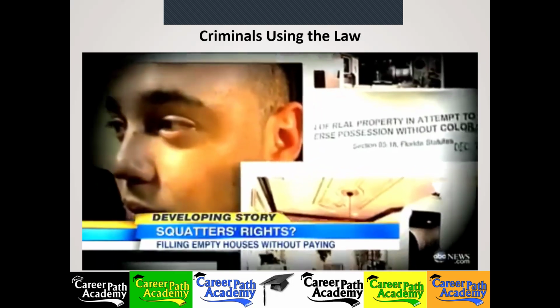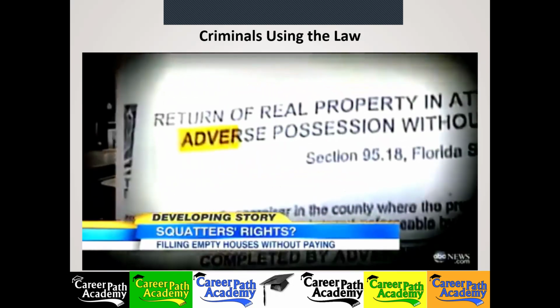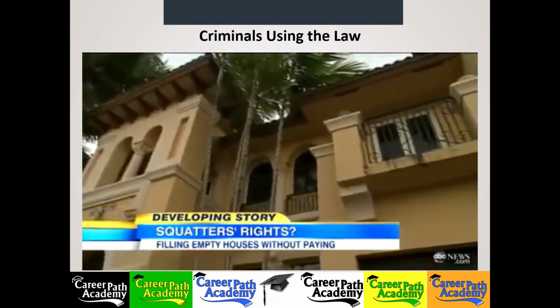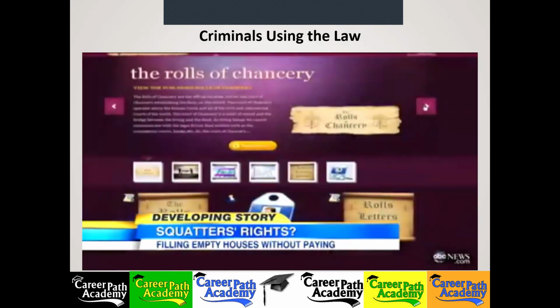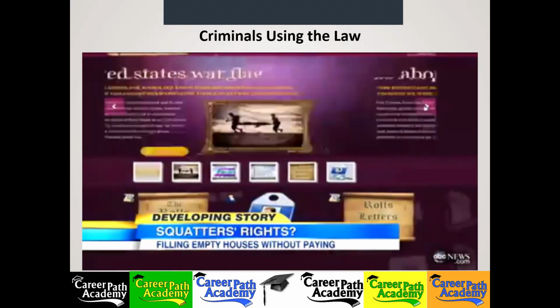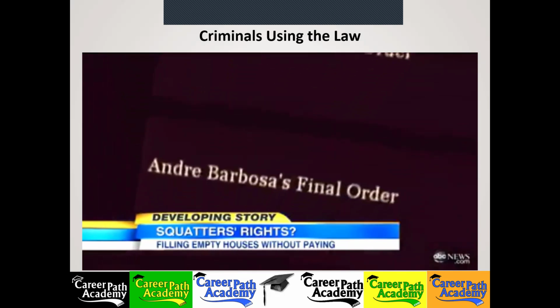One expert on sovereigns found evidence to suggest that Andre Barbosa, in that mansion in Boca Raton, is connected to a sovereign group called Divine Province, based on the language Barbosa used to justify moving into the mansion and the fact that his name is on the group's website.